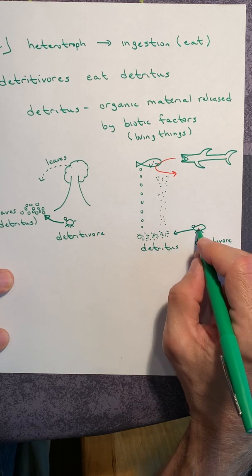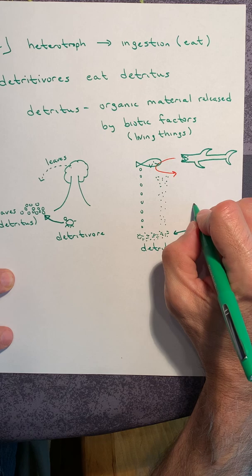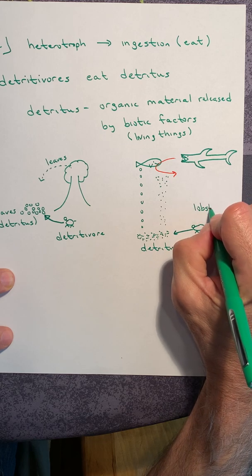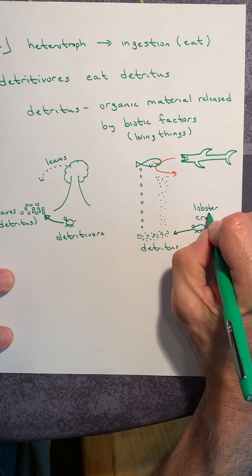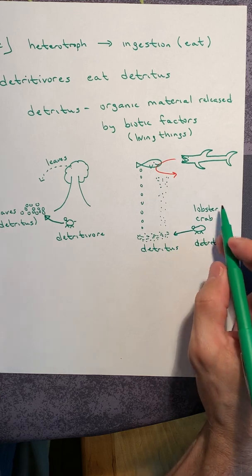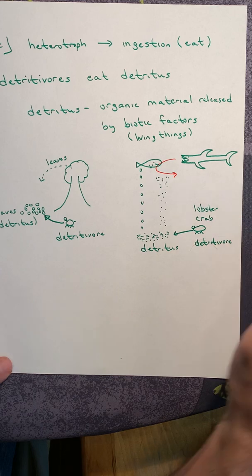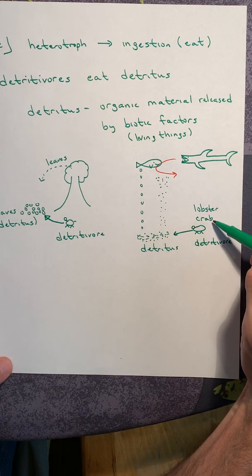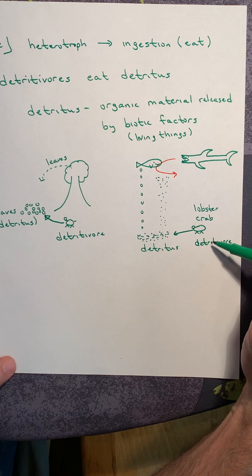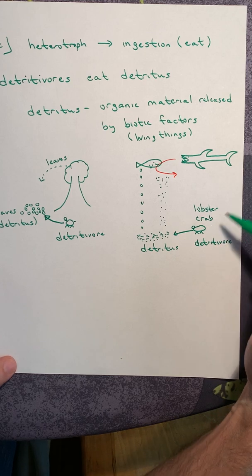Now, this is actually pretty funny because organisms like lobster and crab, right? These are very, very high ticket items when you go into a restaurant, extremely expensive. Biologically, lobsters and crabs are detritivores. Lobsters and crabs don't hunt anything, right?